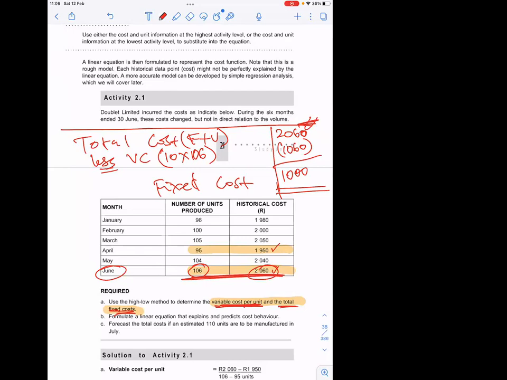Another student can simply say, all right, we are given the total cost, and we made 106 units. So for the total variable cost, the total variable is 106 times 10, which is 1060.